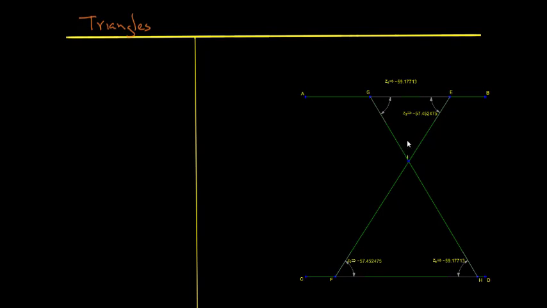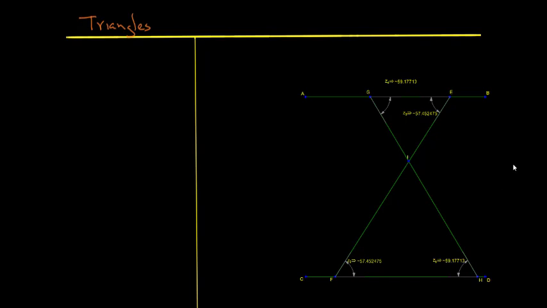And of course, whatever this angle is, the other one will have to be the same, because the totals have to add up to 180. So we have two triangles with the same angles but different sides, different sizes, and we call those similar. Now if they were exactly the same, we'd call them congruent, but they are similar triangles.